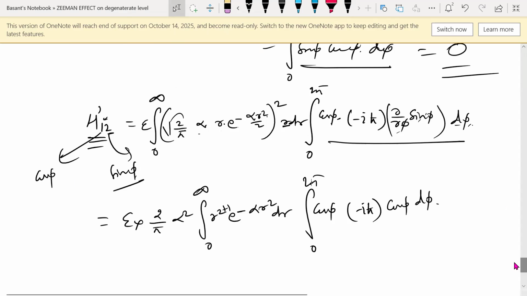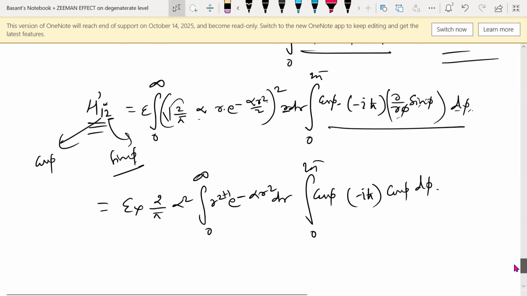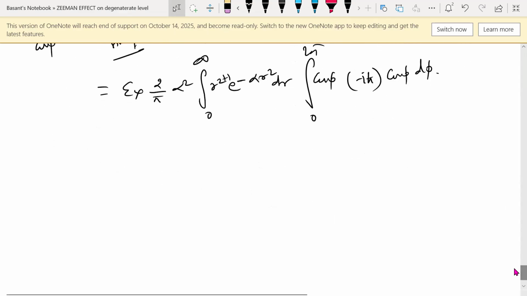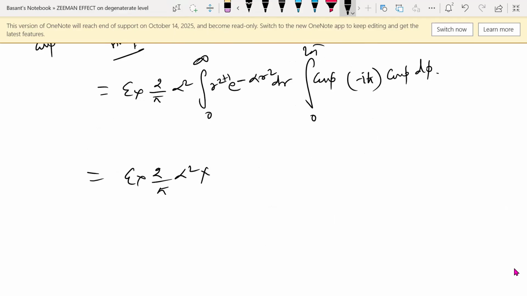Now the integration of this is equal to 2 by pi alpha square, and this is the gamma function, so this is equal to 4 by 2 into 2, and here alpha to the power 2.